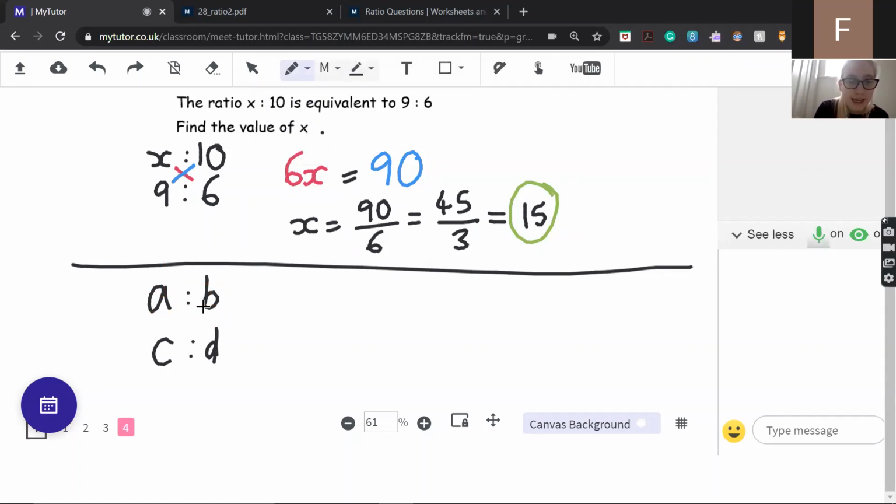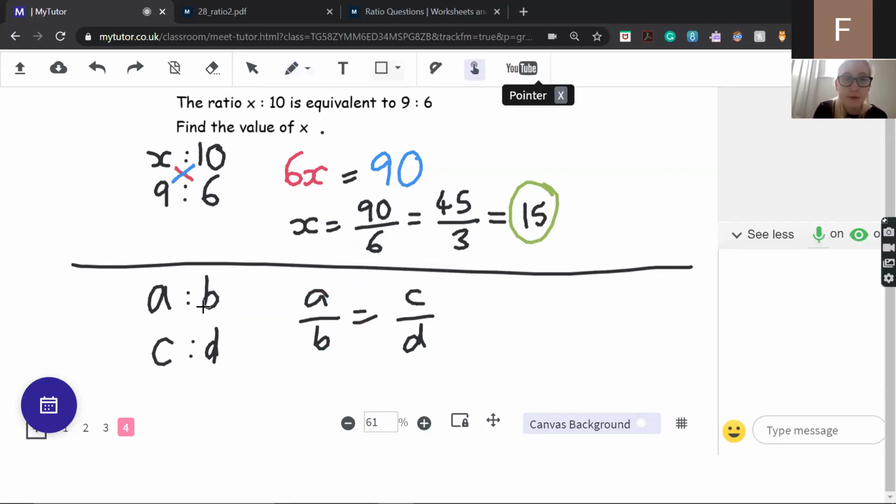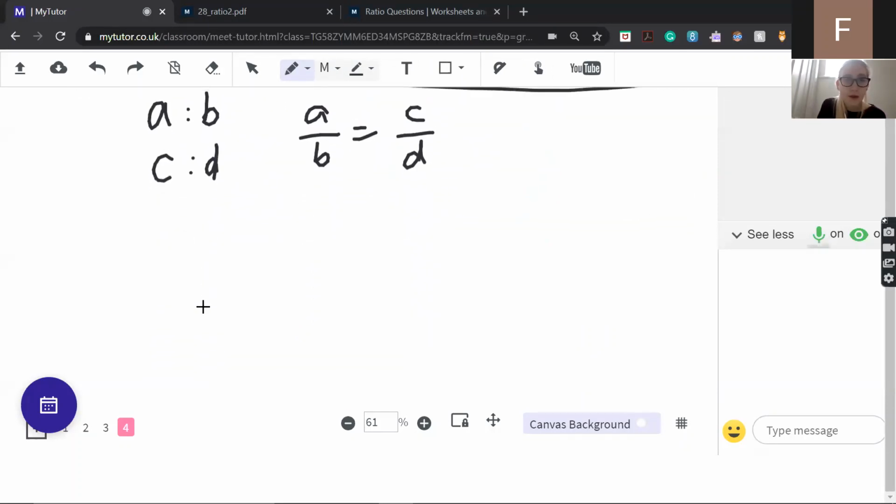So we say A over B is equal to C over D. That's the method that hopefully you're comfortable with, where we're just looking at the ratios of them. And then we're going to multiply both sides by B to get rid of the B here. So we see that A, when we multiply this by B, remember we just multiply the top.